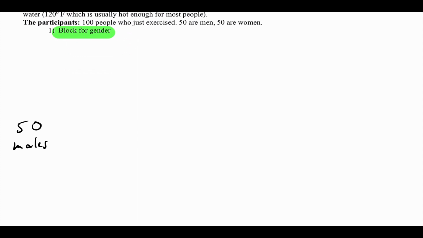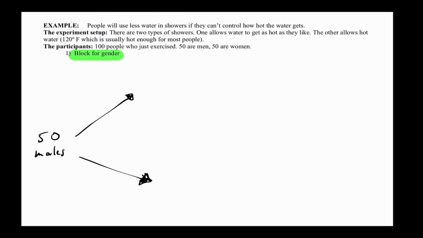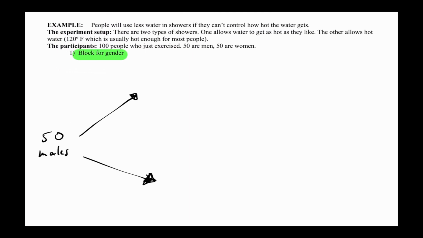How many groups am I going to have here? Two. So let me draw that picture. Here we go. Arrow there, and arrow there. Is there a control group here? Oh wait, no. You could do this a couple different ways.